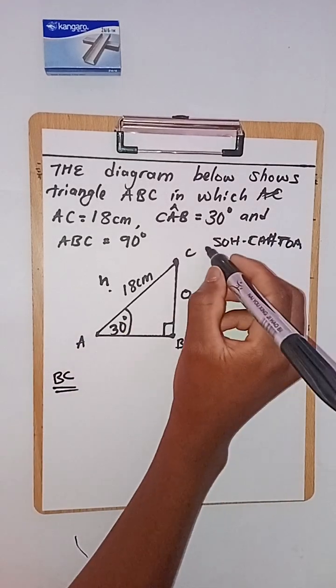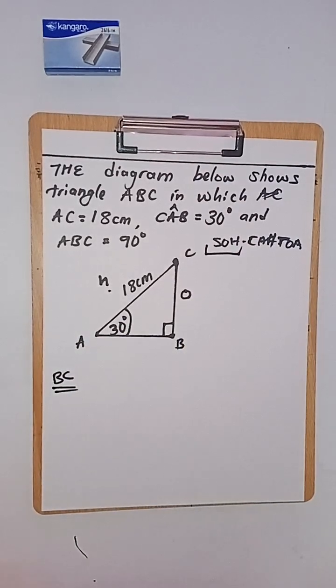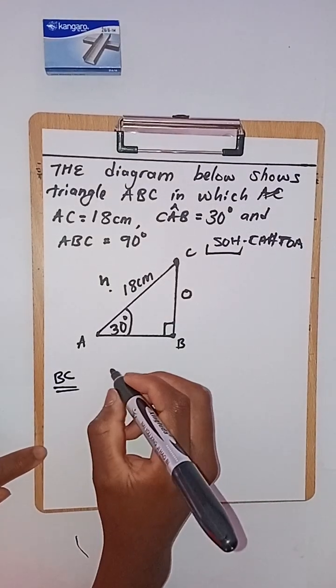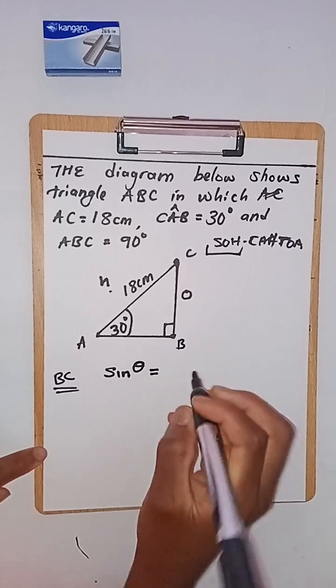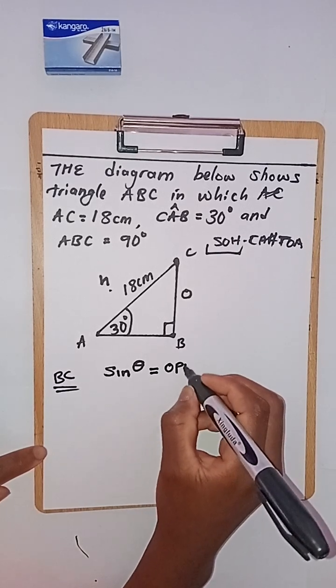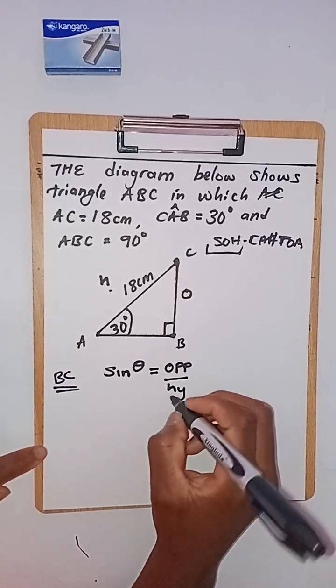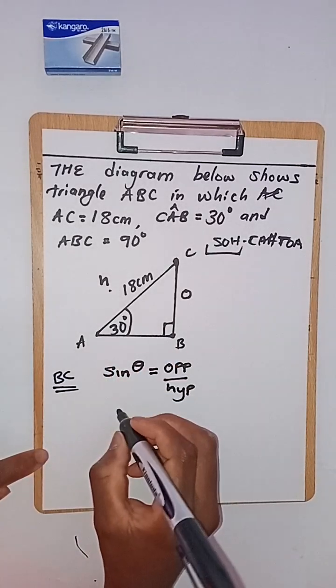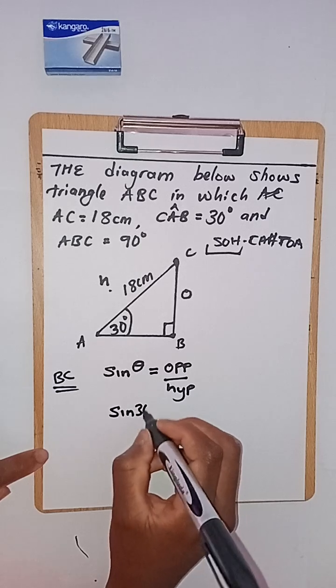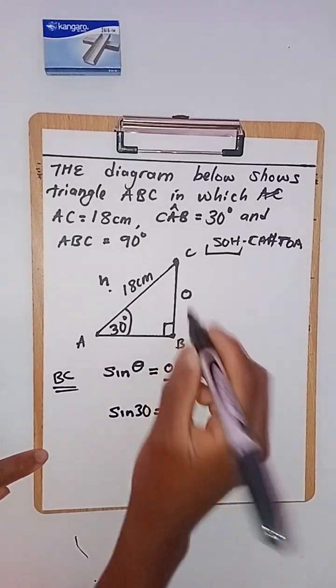Of course, it will be this one here. So sine theta is equal to opposite over hypotenuse.